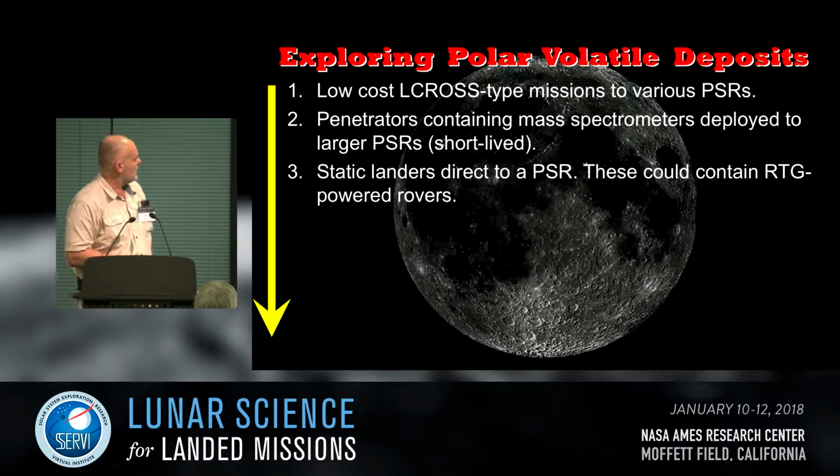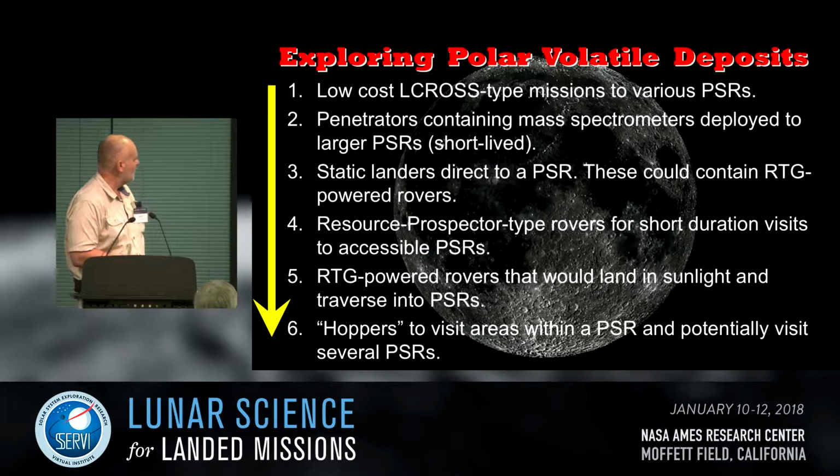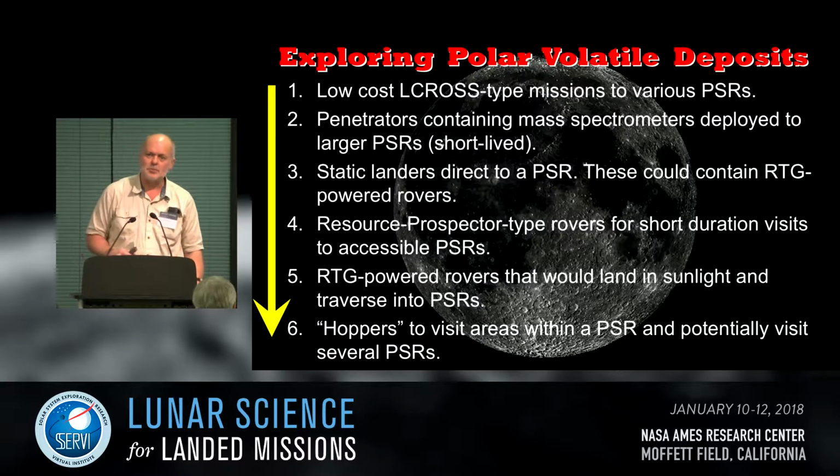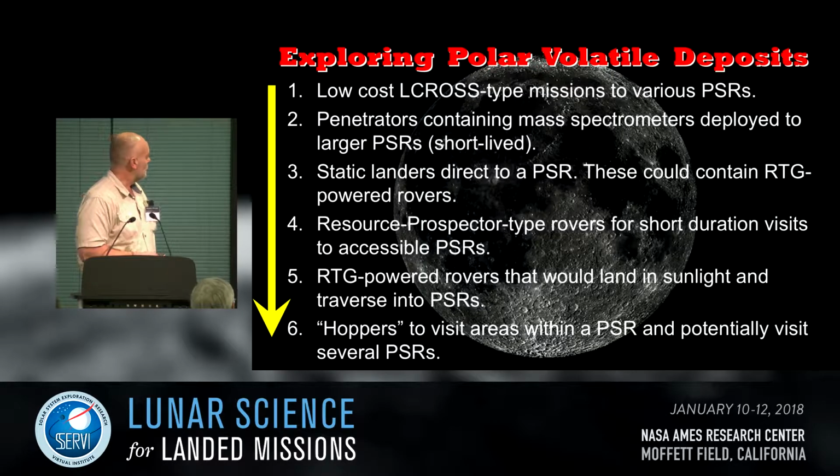Static landers direct to a PSR. They could be RTG-powered rovers associated with that, or RTG to power those landers so they last a bit longer. We talked about the Resource Prospector type mission, short duration visits to accessible PSRs, then more capable RTG rovers that would land in sunlight and traverse into PSRs or land directly if possible.